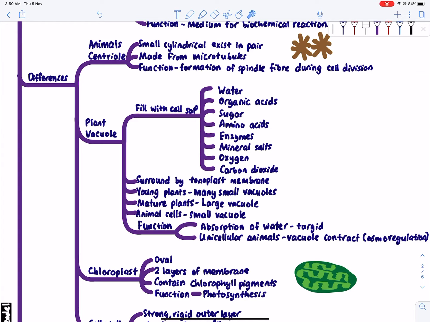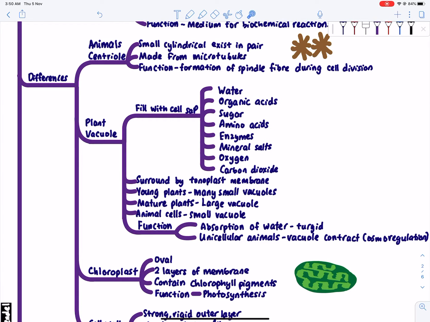Normally, no vacuole for the animal cell. If present, it's a small vacuole only. Sometimes we do not say vacuole, we say vesicle. But never mind, you just refer to the textbook, that is enough. Plant vacuole is filled with cell sap. This cell sap contains water, organic acid, sugar, amino acid, enzyme, mineral salt, oxygen, carbon dioxide.